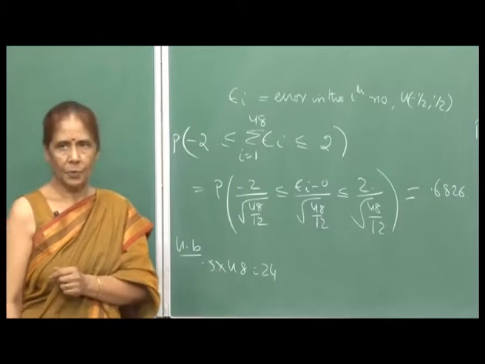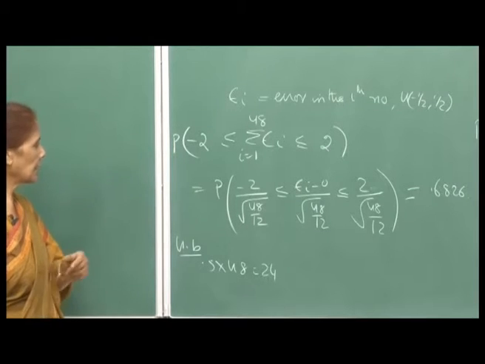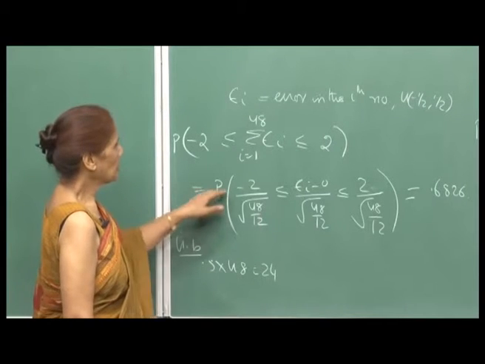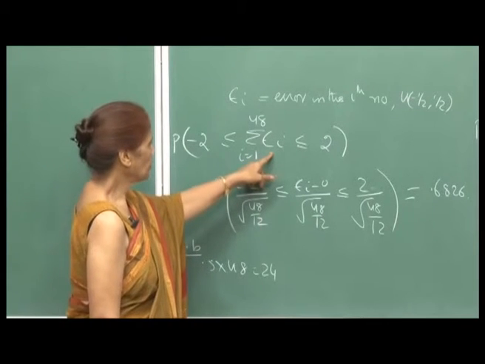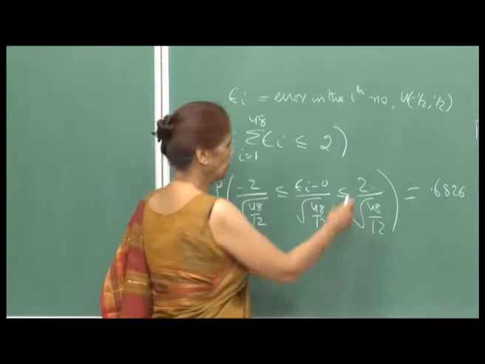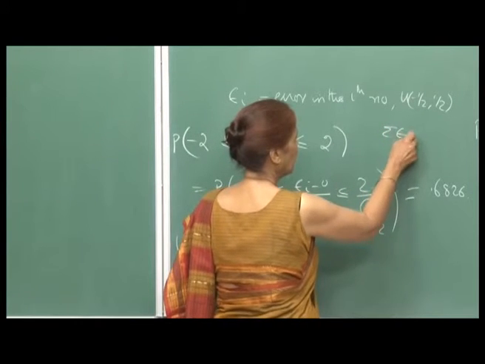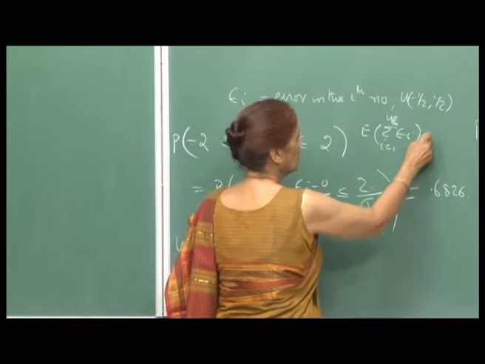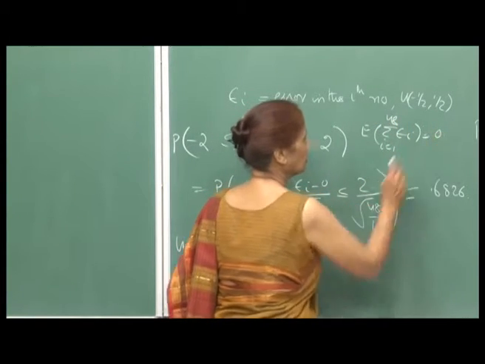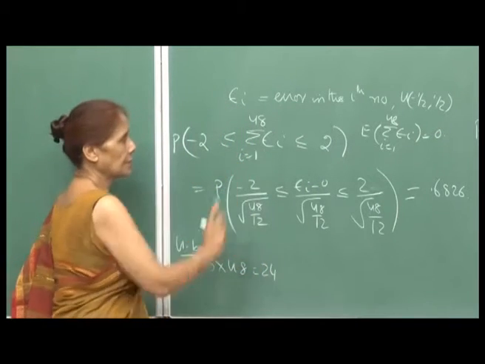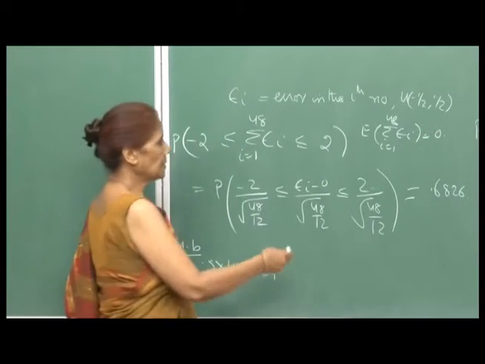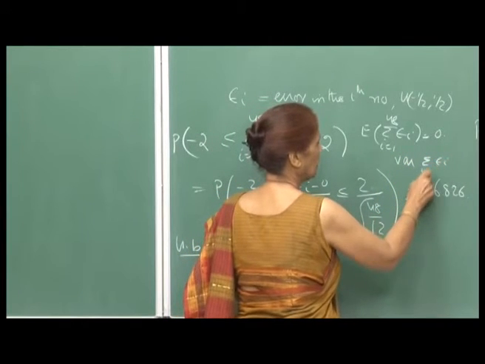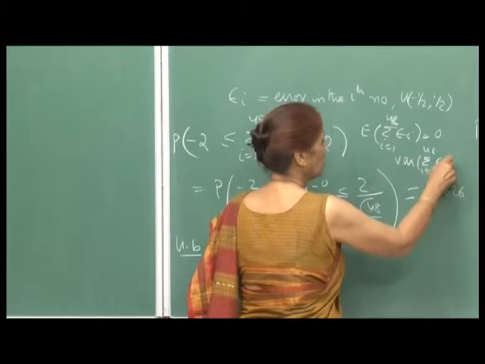This is what we want to approximate, this probability, and that again by the use of the central limit theorem, because now the epsilon i's are all uniform. The expectation of the sum of epsilon i, i varying from 1 to 48, is 0, because the mean is 0. The errors we have assumed are independent, and similarly the variance of the sum will be the sum of the variances.